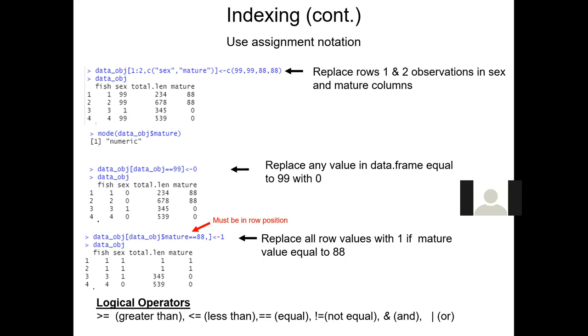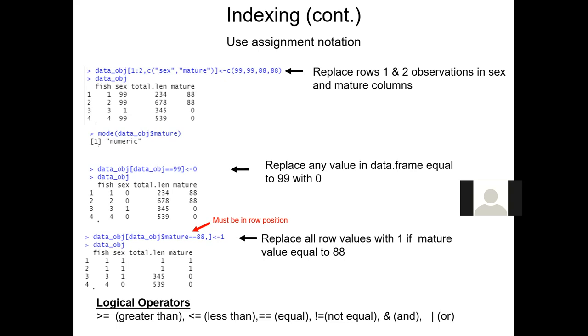Sorry, when the column is missing, it's looking at all columns. So what this is doing is finding the rows under mature that have 88 in them, but substituting 1 into all of those columns, if that makes sense. In our example above, that's rows 1 and 2. It's going to place a 1 in all those columns, and if you look at the example below, you see that it did it across all the columns.